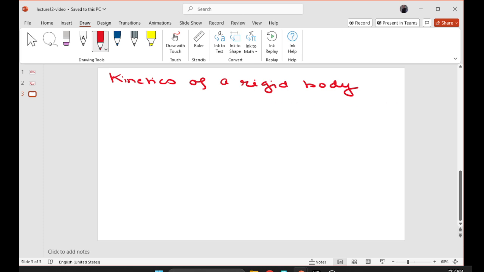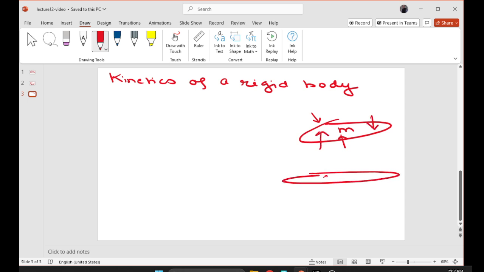We would like to know, if we have a rigid body M and there are several forces acting on that, how the motion of this body M will be realized under the action of these forces or the force system that is acting on the rigid body.